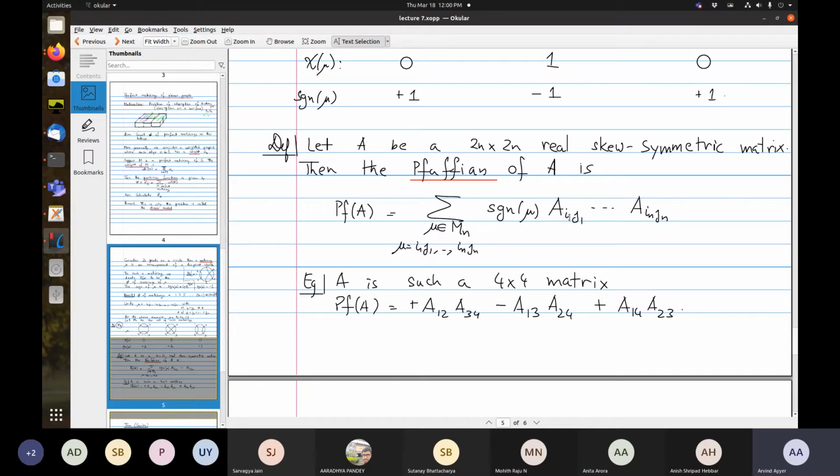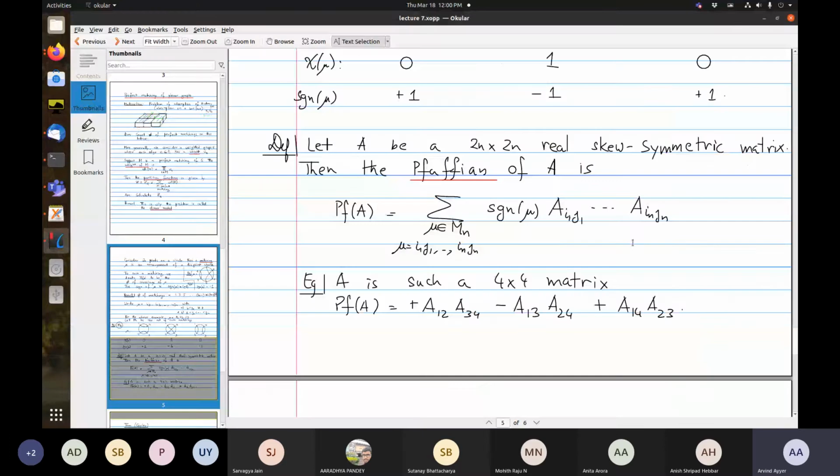By construction, all of these are distinct, and the set I1, J1 up to In, Jn has to be equal to the set 1 through 2n. So that means that each one of these is going to correspond to the weight for a perfect matching.